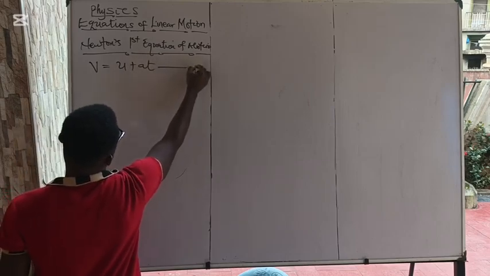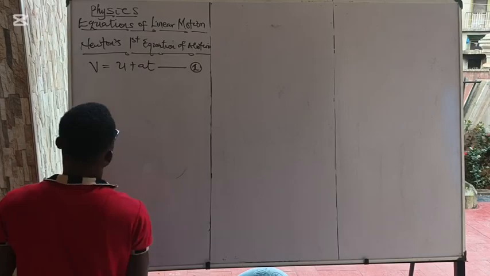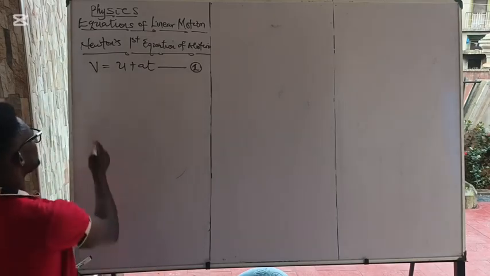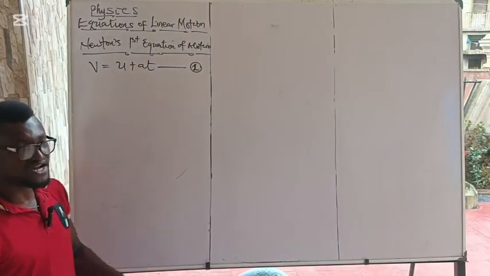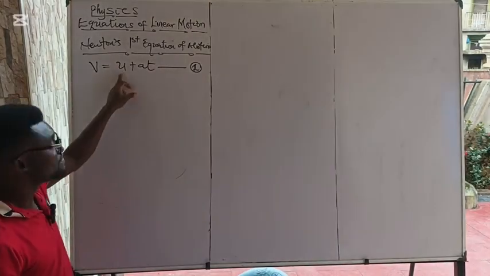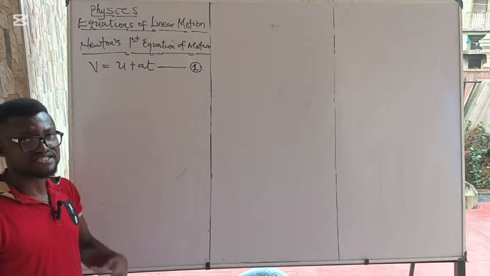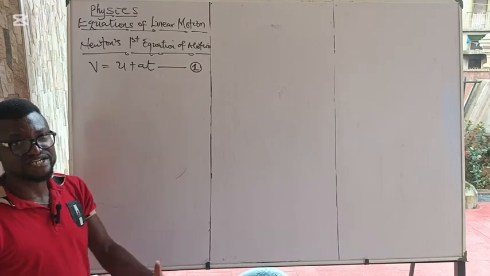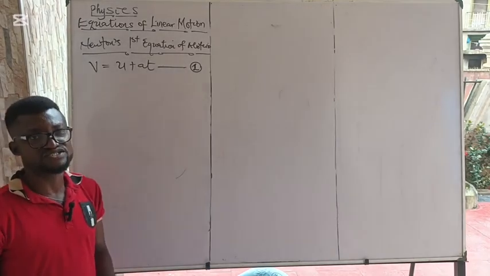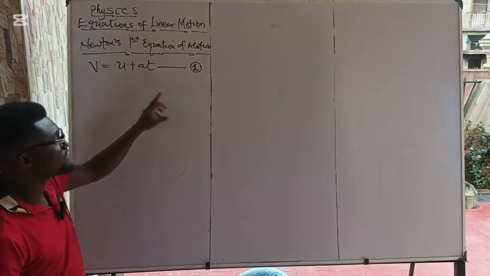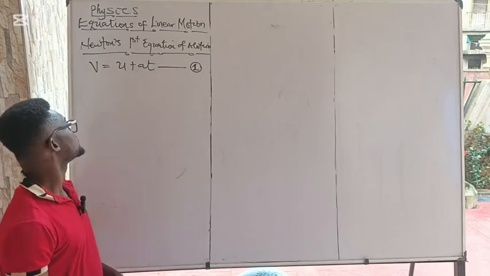That's Newton's first equation of motion. Here, V means final velocity, that is velocity after observation. U means initial velocity, that's velocity at the beginning of observation. A means acceleration, and T means the time taken.